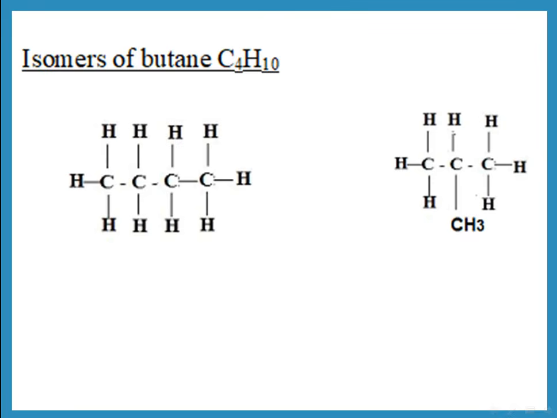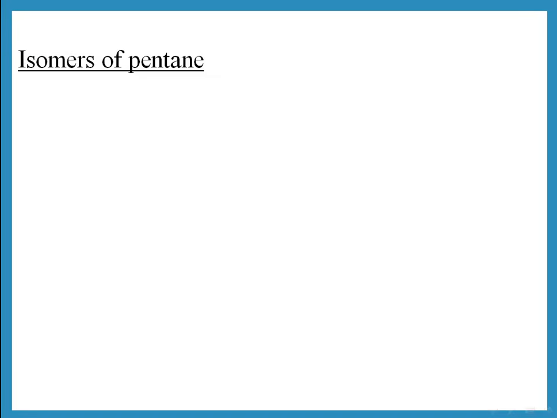So if I have C4H10, I can either put the 4 carbons all after each other, so that is a straight chain, or I can put 3 carbons and put a methyl group, a CH3 group, on the middle carbon, so this is what we call a branched chain.